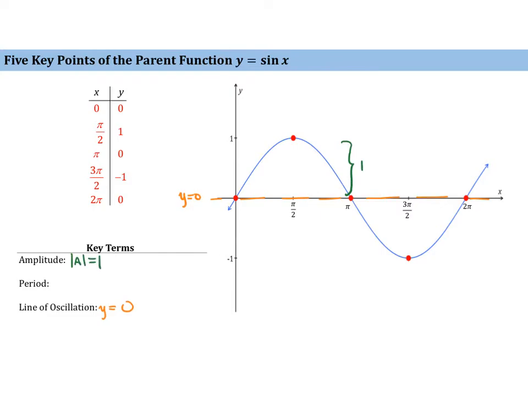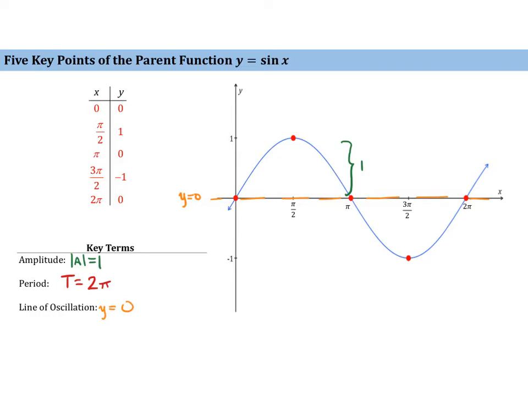The reason why we call it the absolute value of A has to do with the form of our trigonometric function in a generalized format. The period here we've already seen is 2 pi, and we've marked out that in the previous slide, and we've told you that T equals our period.